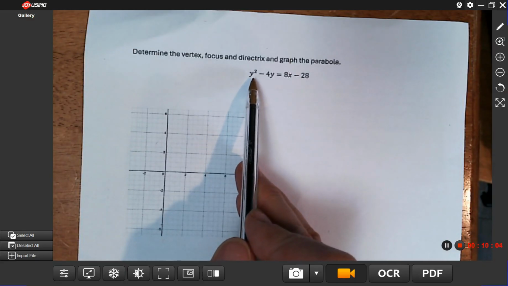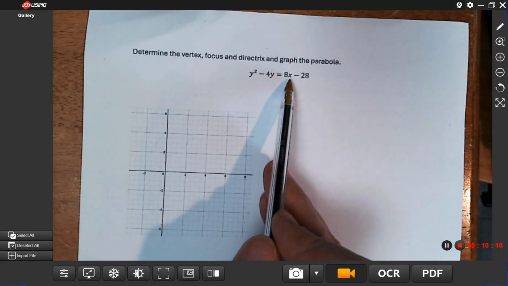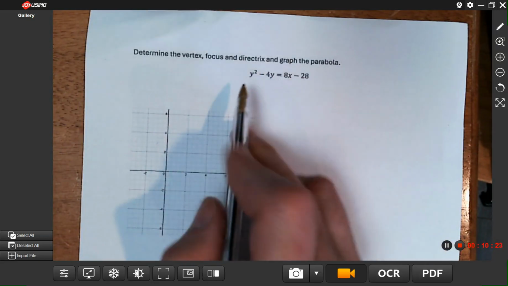So the y's are quadratic. And we want to have the side with the other variables, so x in this case, factored so that inside one of the factors there's an x and no coefficient on it. So I need to complete the square on the left.